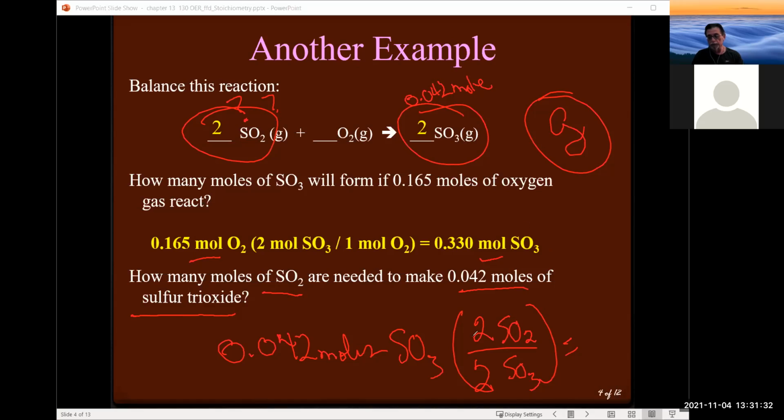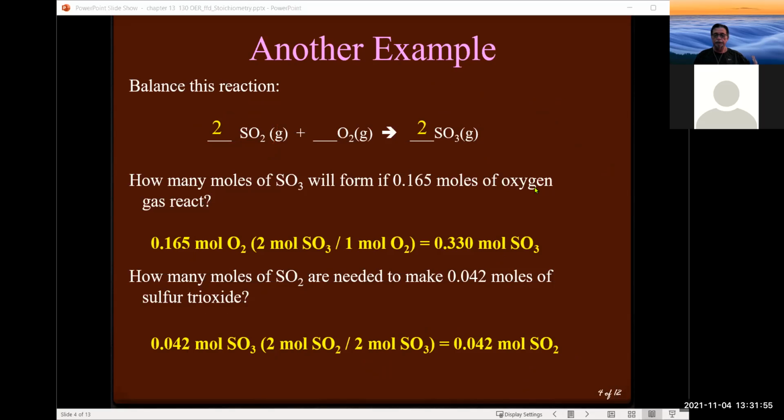But until you're comfortable with that, put the coefficient down, even though they're both the same number, until you're comfortable with recognizing you're dealing with a value of 1. Okay, and so it would take 0.042 moles of sulfur dioxide to make the same amount of sulfur trioxide.